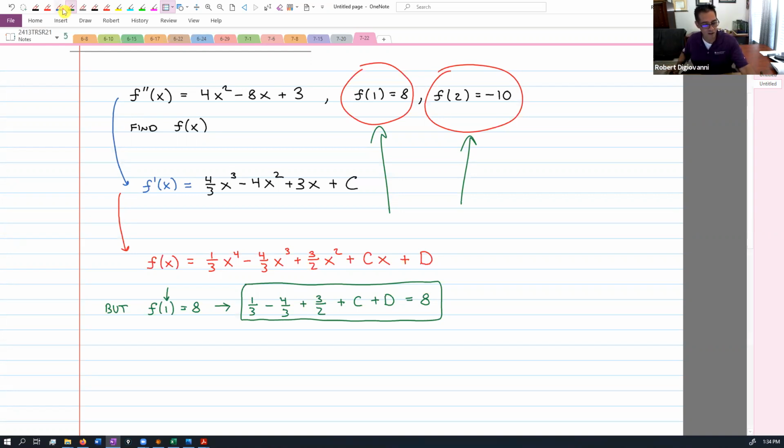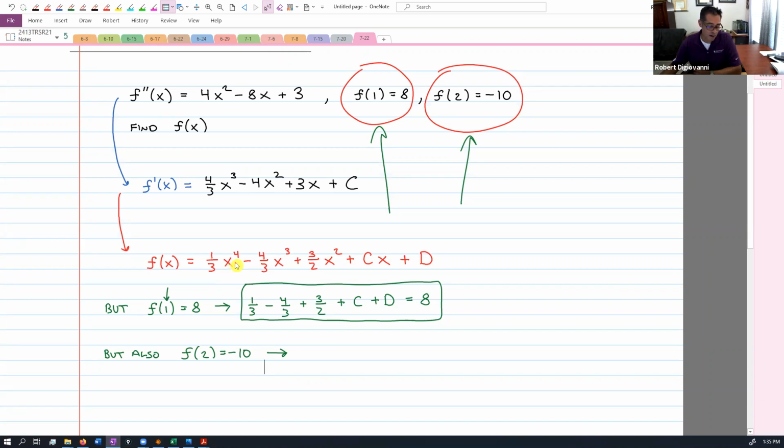All right, so now I'm going to clean that equation up in a minute, but also we have that f of 2 is -10, which means when I plug 2 into this function, it needs to spit out -10. Now that's going to suck.